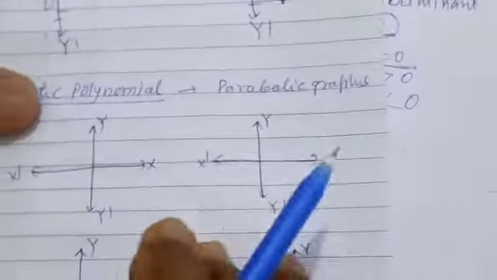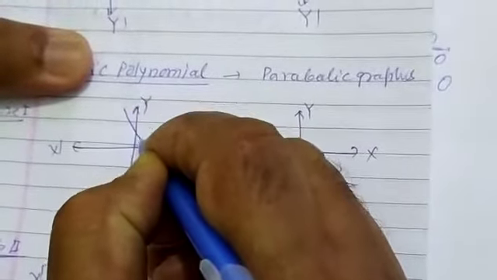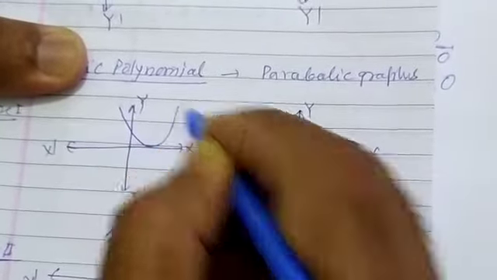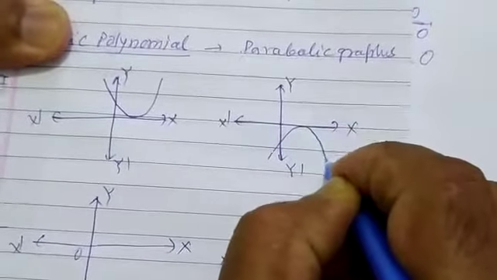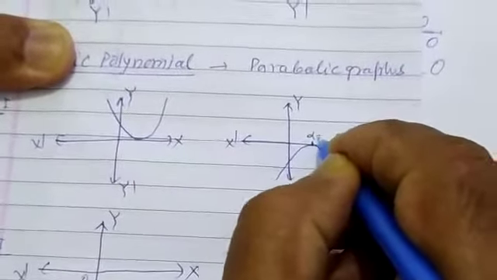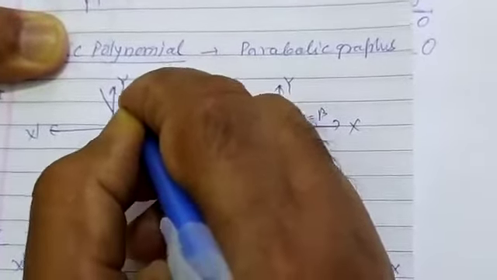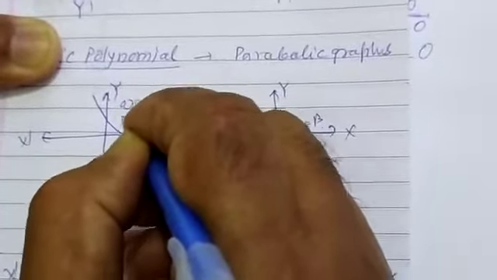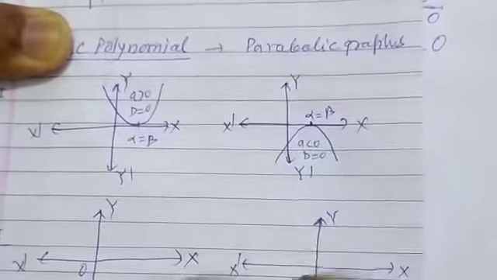When D is 0, the graph will be like this, either opening upward or downward. Here alpha equals beta. Here also alpha equals beta. Here a is greater than 0, D equals 0. Here a is less than 0, D equals 0.